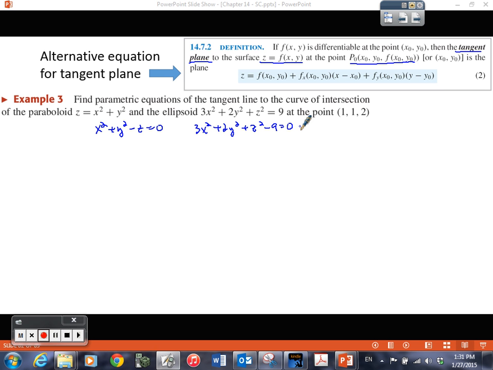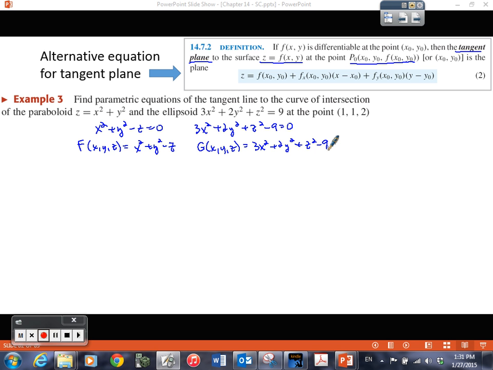We'll call this our function f in x, y, and z, which is x squared plus y squared minus z, and this our function g in x, y, and z, 3x squared plus 2y squared plus z squared minus 9.